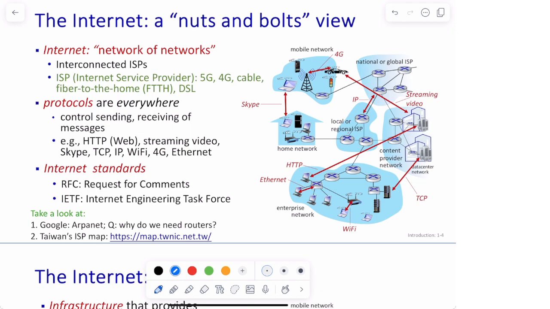Here we have an organization called IETF, Internet Engineering Task Force. That is an organization where academic people, industry, and government try to figure out what kind of network technology should be in the future.